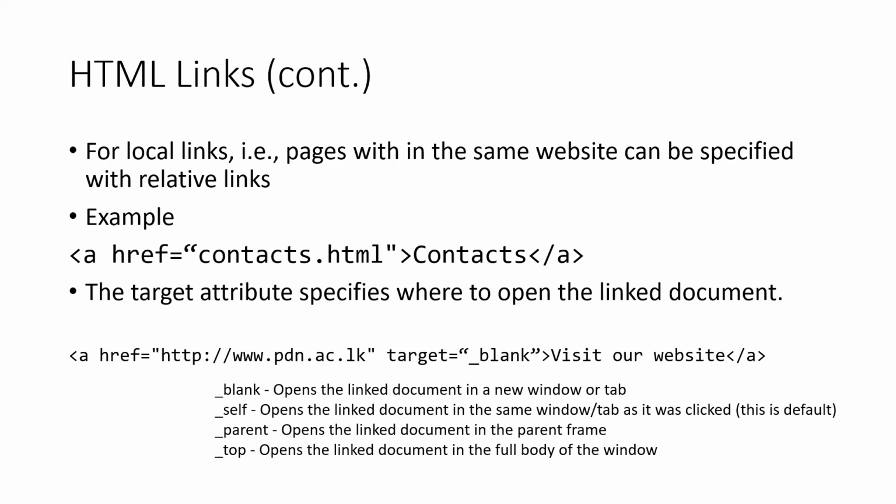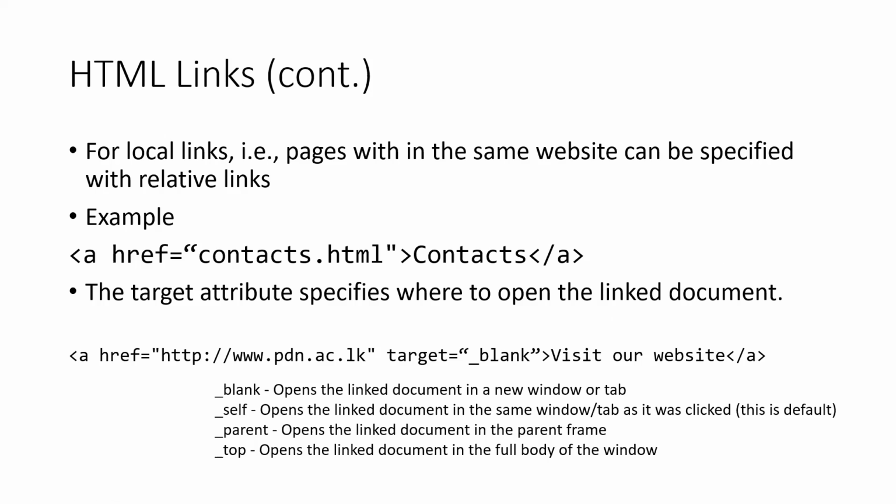If you have not done this, it will open in the same tab, same window. But if you want a new one, then you have to use target as _blank. Now, let me briefly discuss this.